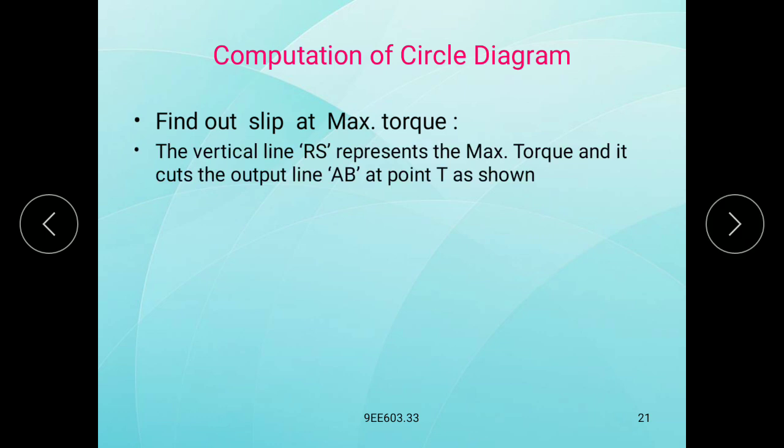The vertical line RS represents the maximum torque and it cuts the output line AB at point T as shown. So therefore, the slip at maximum torque is Sm equal to TS by RS.